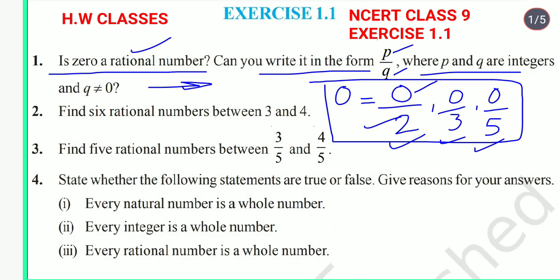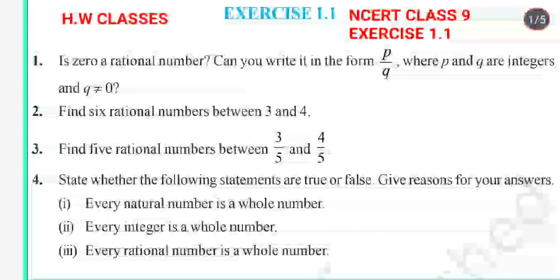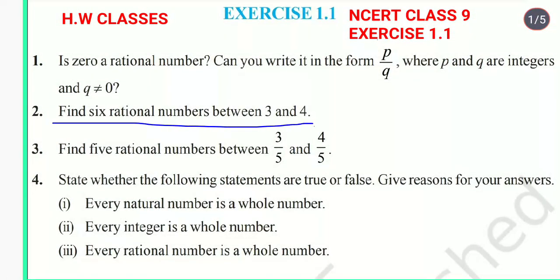So moving on to the next question: find 6 rational numbers between 3 and 4. Just look at how to find the rational numbers between 3 and 4. So you can write solution number 2.